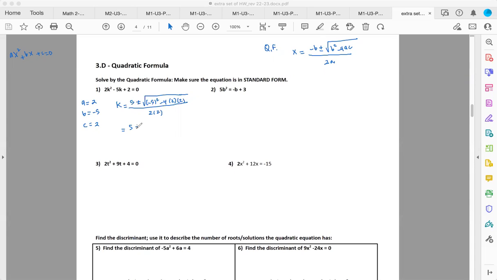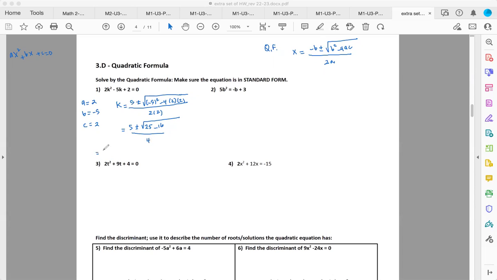So 5 plus or minus the square root of b squared. B squared will always yield a positive or 0. It will never yield a negative. So this is 25. And then negative 4 times 2 times 2, that's negative 16. 4 times 2 is 8, 8 times 2 is 16, with a negative. All of that over 4.